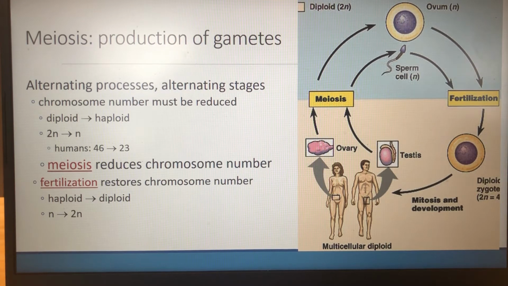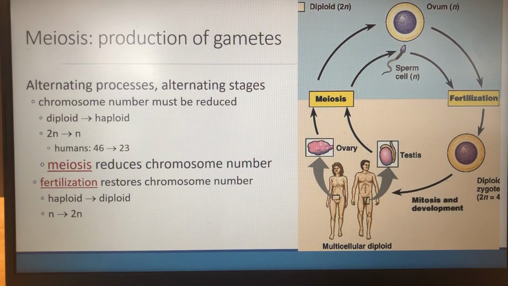Some plants live predominantly in the haploid stage, and they're only in the diploid stage for a short time. But the biggest thing, and that's what you're going to see in the sporophyte lab that we'll do, is their predominant life cycle is going to be in the haploid phase.